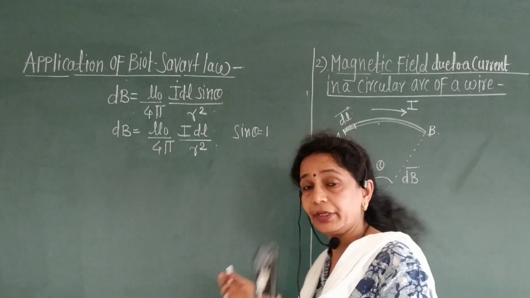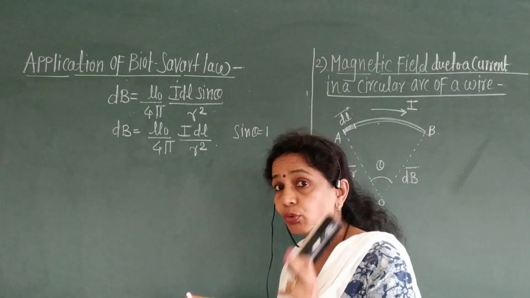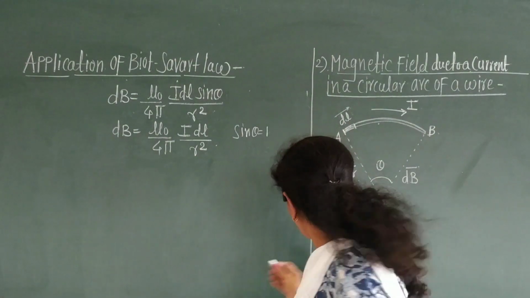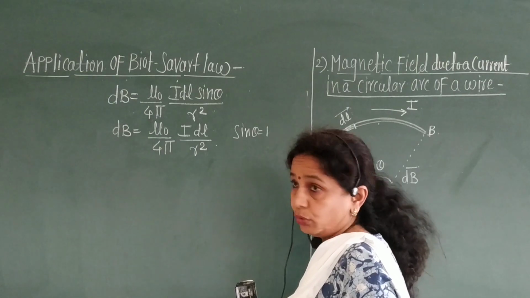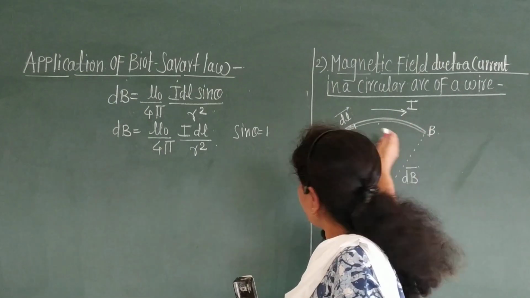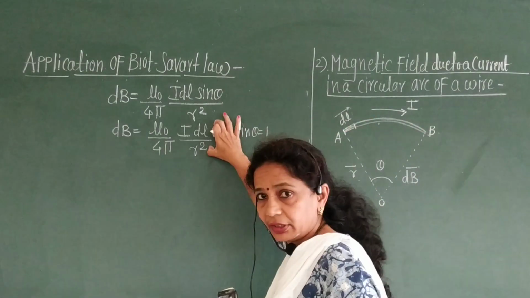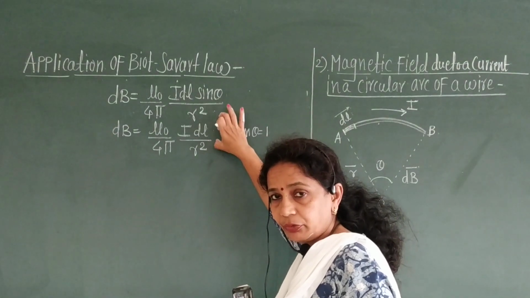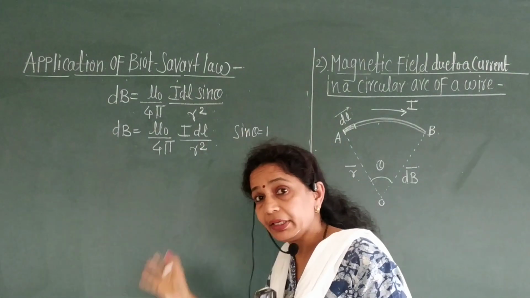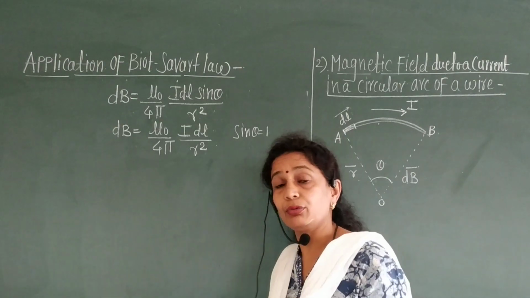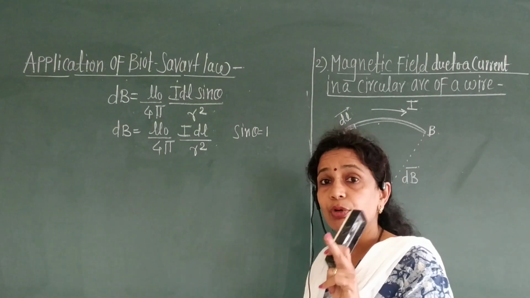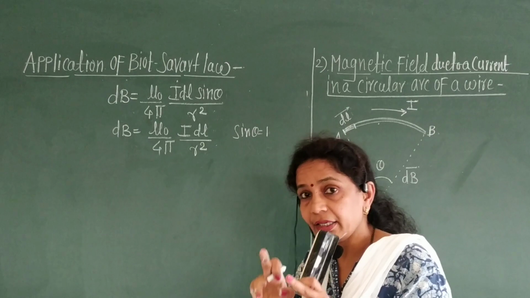Now, we have to find out the total value of magnetic field at point O due to the whole arc. Earlier we found it only for the element dl. This is the magnetic field due to the element dl only. Now we have to find out the magnetic field at point O due to the arc AB.